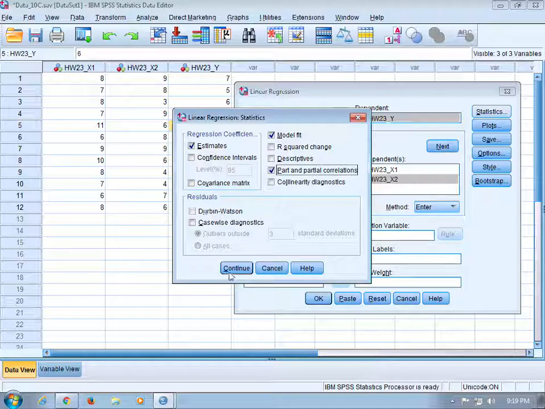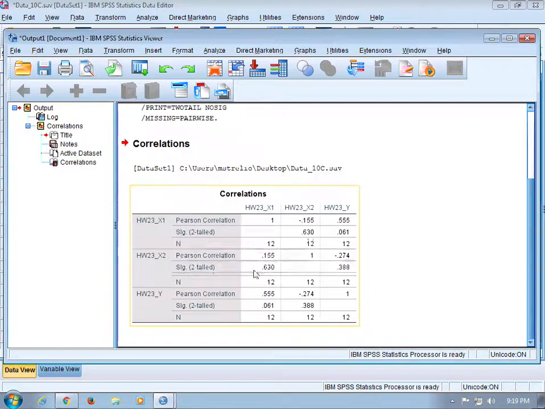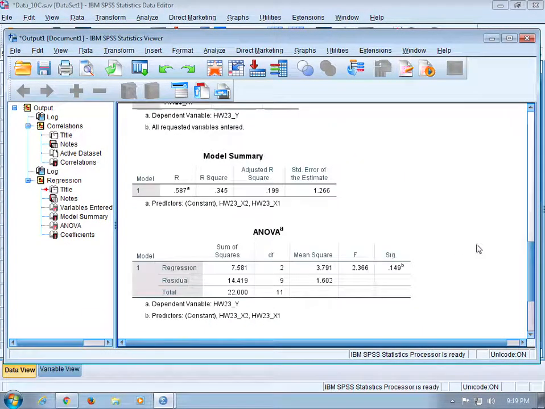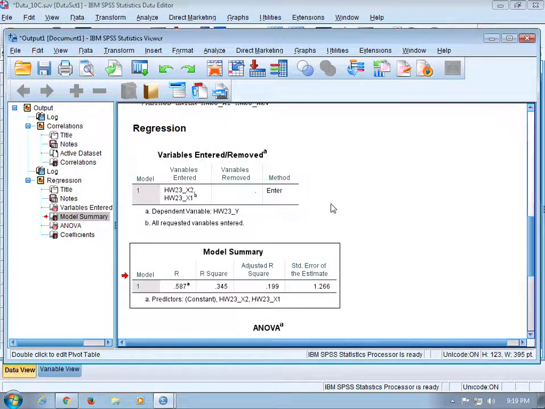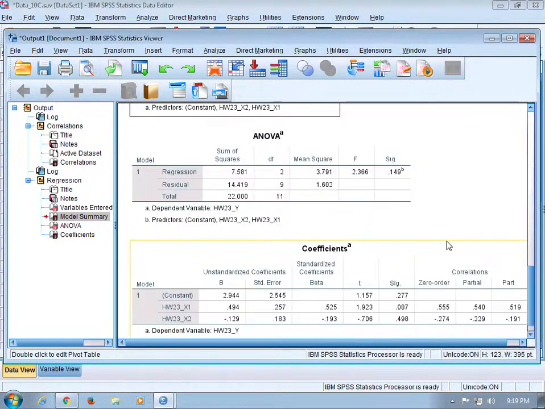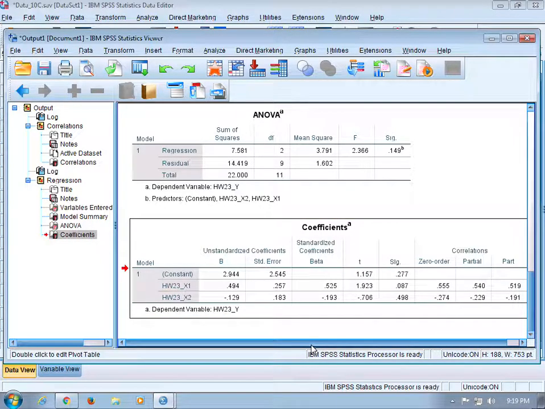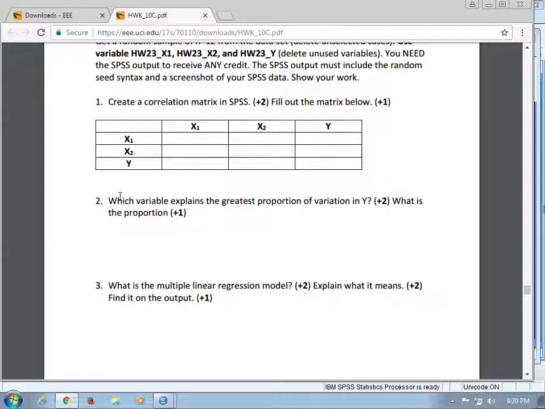But I think we'll be using these next week. So that'll run. And it gives us a model summary table with R, R square, and adjusted R square. That's for the model overall. And then it gives us this coefficients table. And I'll go through and point out the relevant things in the homework now.